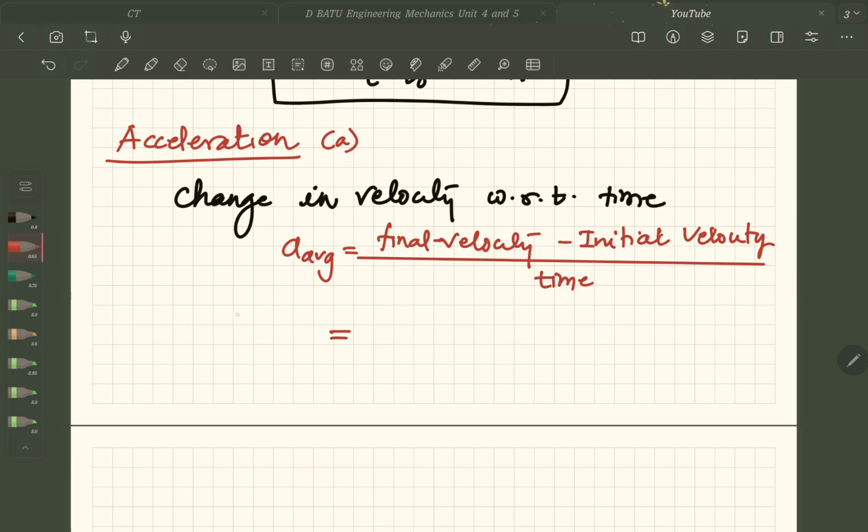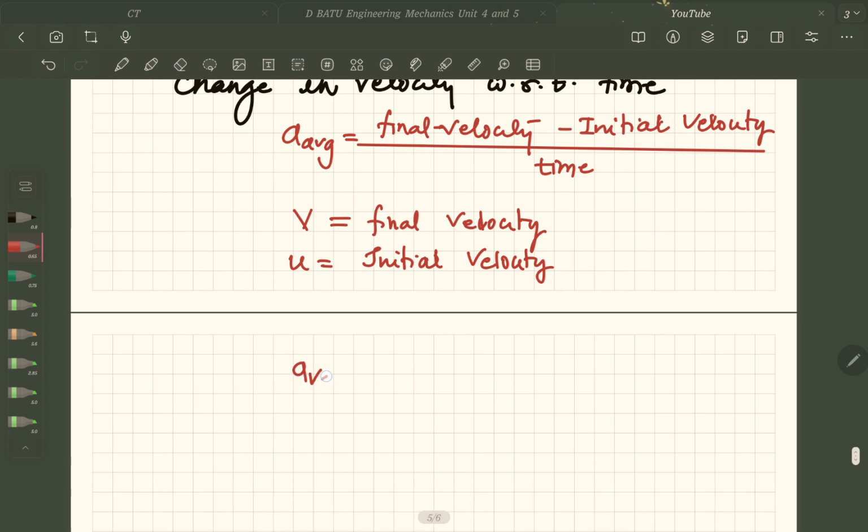Here we indicate the final velocity as v and the initial velocity as u. So the average acceleration will be v minus u divided by t minus t0. But again, if I reduce the time period to a very small value, I can write this as dv by dt, which is the instantaneous acceleration.